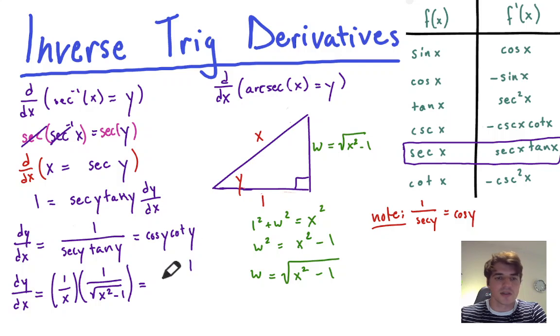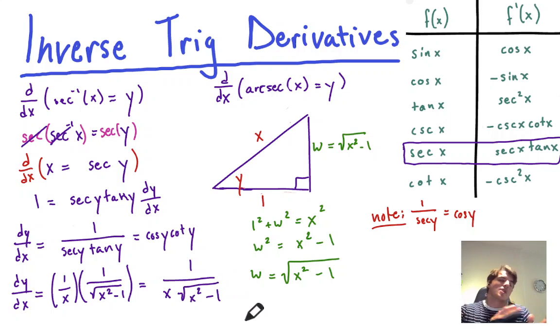And you'll notice that not only was the derivative of sine inverse very similar to cosine inverse, cosecant and secant are extremely similar. They're just, one is positive, one is negative. x square root of x squared minus 1.